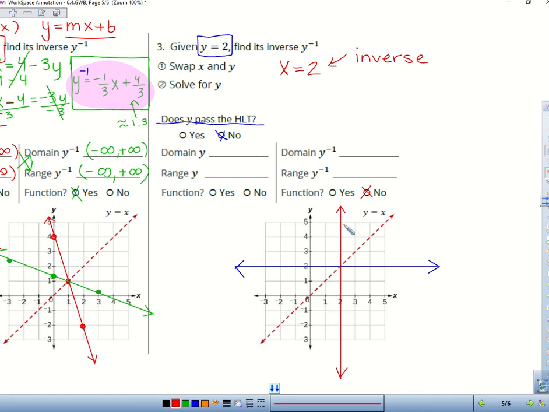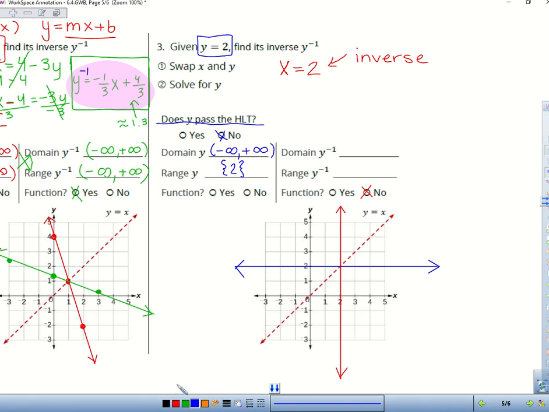And you can see that it's not a function because it doesn't pass the vertical line test. What is the domain of the one in the blue here, the original? It goes to the left and the right forever, right? So its domain is? Good, all real numbers. Now, range, does this function go up and down forever? No, it only ever takes on what y value? 2. So its range is simply just 2.